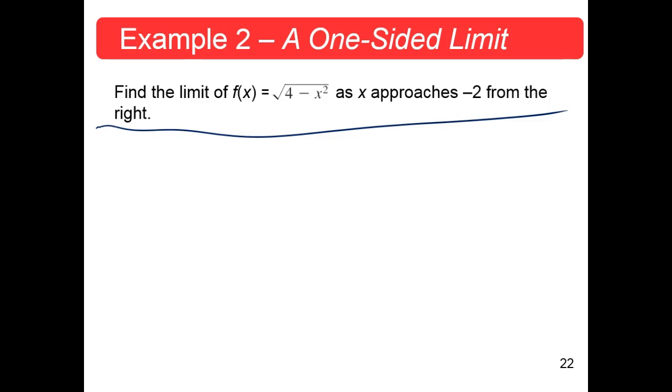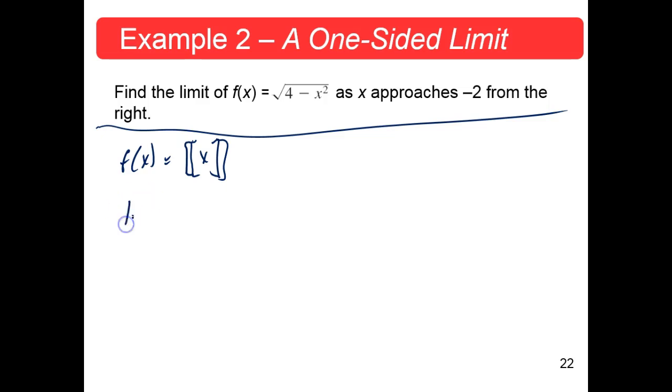Find the limit of the greatest integer function, f of x equal to the greatest integer of x, as x approaches 0 from the left and from the right.